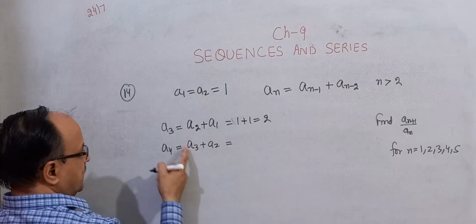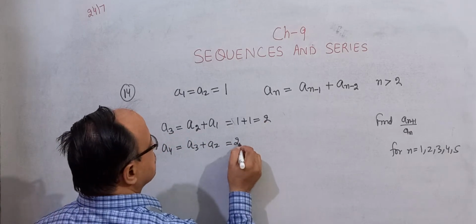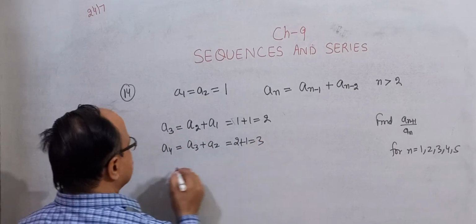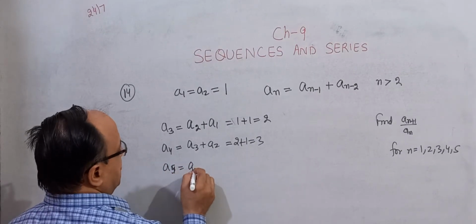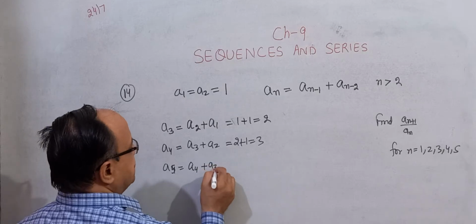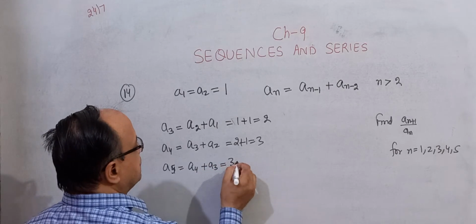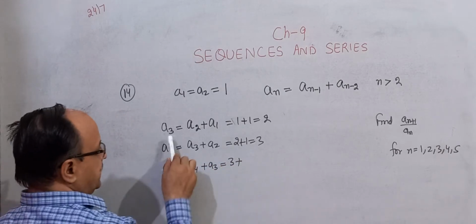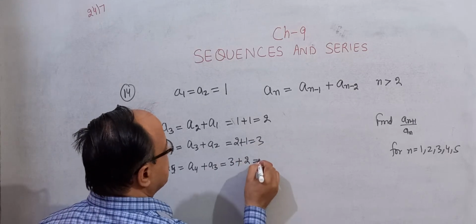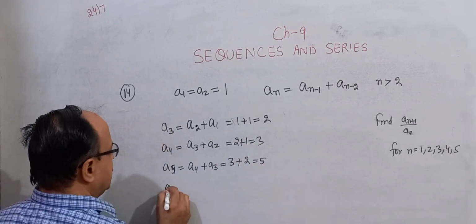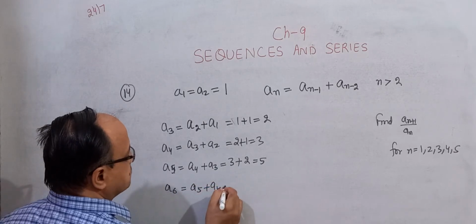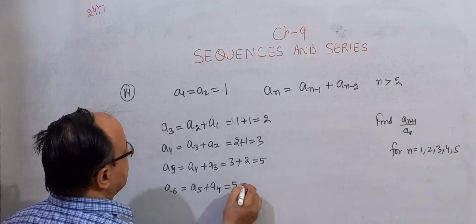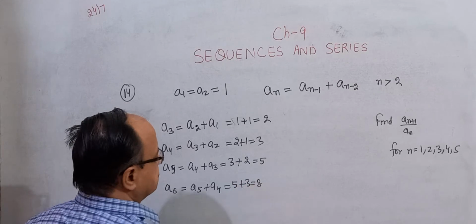A3 means the third term, that is 2, plus 1, 3. A5 is A4 plus A3. A4 is 3 and A3 is 2, that is 5. And A6 is A5 plus A4. A5 is 5, A4 is 3, 8.